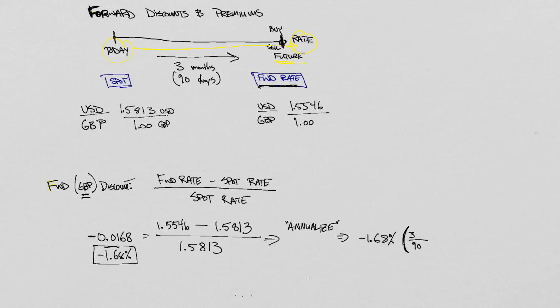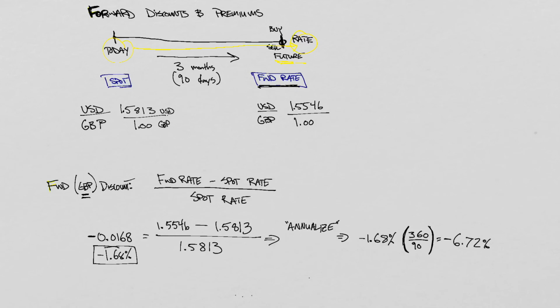by the number of days in a year. And sometimes we use 360 in banks, sometimes we use 365. It's just specified as part of the contract. But here we're just going to use 360. And so this scales this up to an annualized number, which ends up being minus 6.72% on an annualized basis.